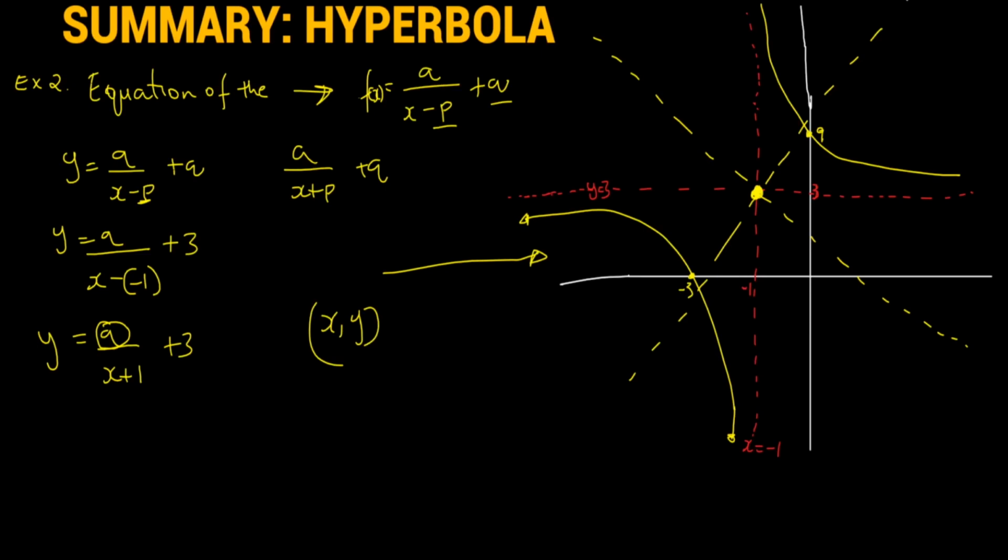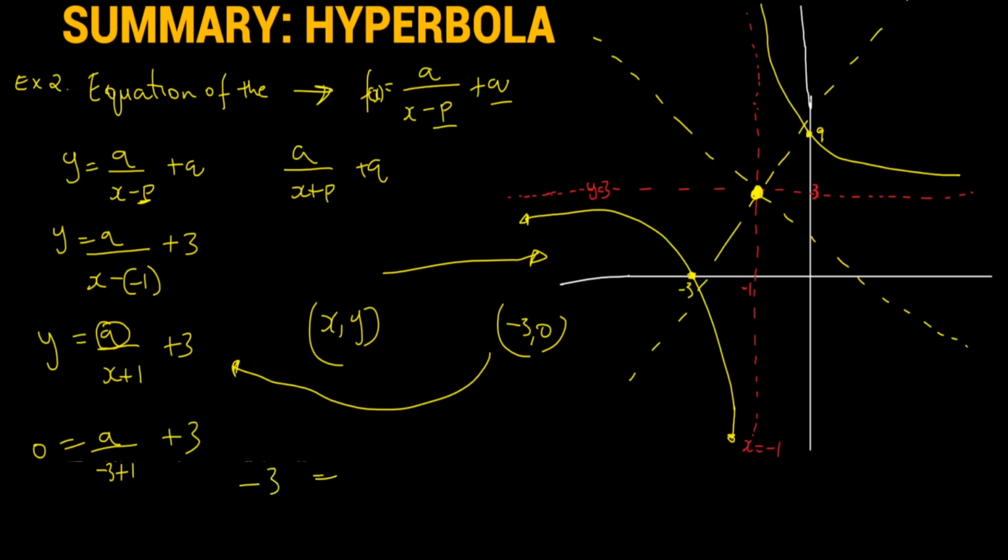So we can take the point minus 3, 0, which is your x-intercept, and substitute it here. That means y is 0, and we have a, with x equal to minus 3 plus 1, and then plus 3 here. We take that to the other side. We have minus 3 is equal to a times minus 2.